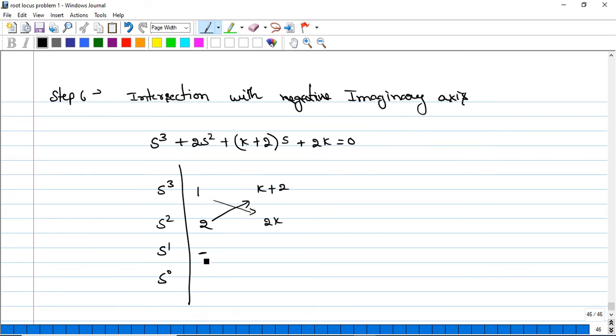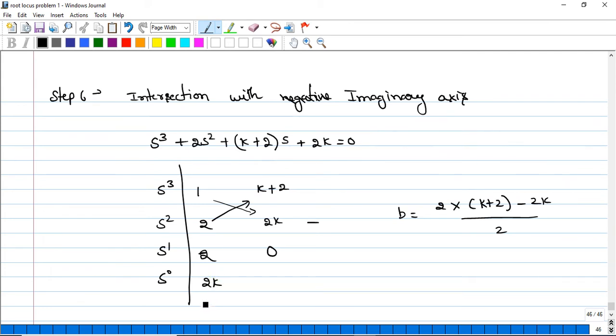So that value will be 2 multiplied by (k plus 2) minus 2k, divided by 2. I will be getting it as 2k plus 4 minus 2k, so 2k gets cancelled. 4 by 2 is 2. I don't have any further term, so I can take it as 0, followed by 2k.